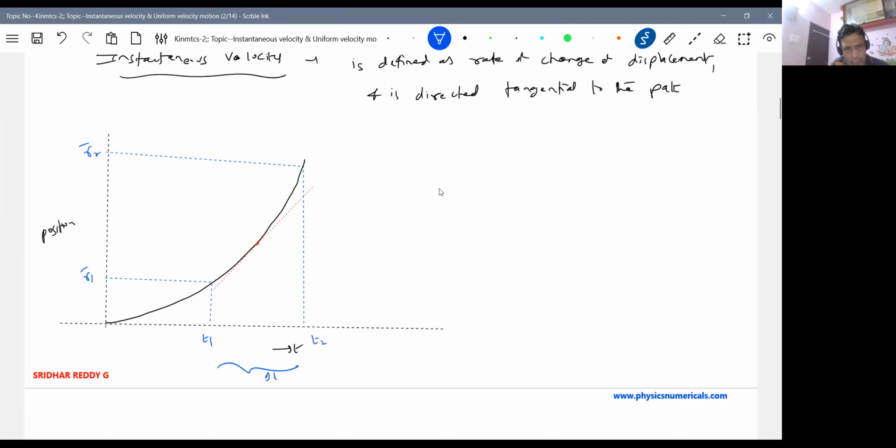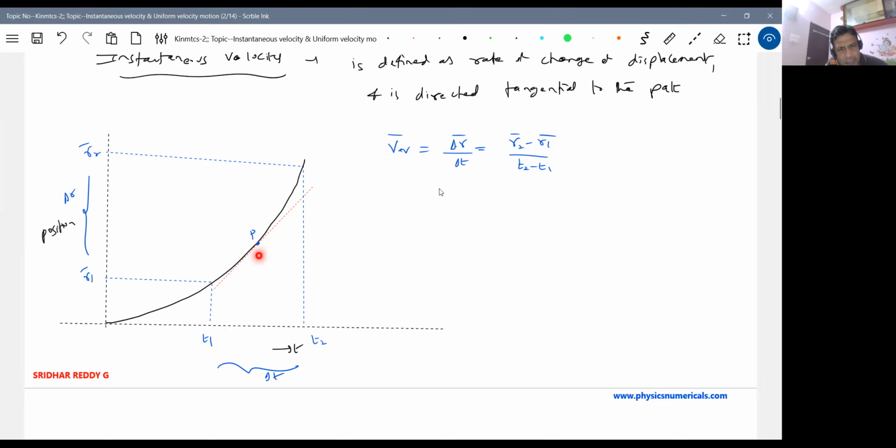So this will become delta t and this will become delta r. And what is this curve? It's the path here. Now how do you define average velocity? Average velocity you write as delta r bar by delta t, which is r2 bar minus r1 bar by t2 minus t1. Displacement by time taken.